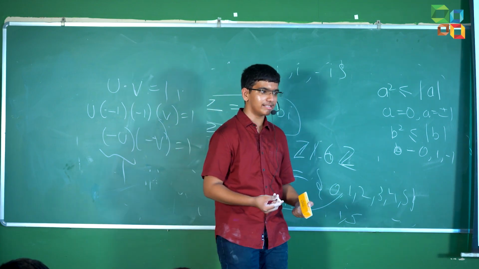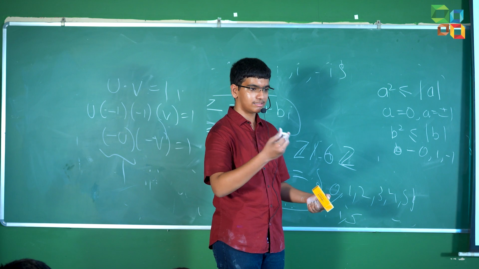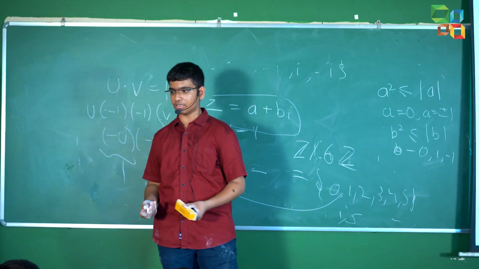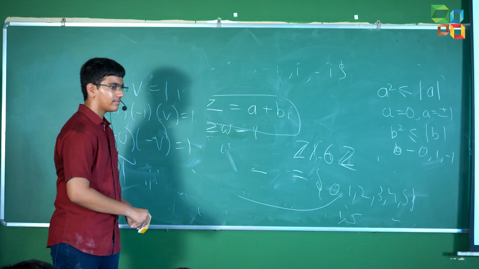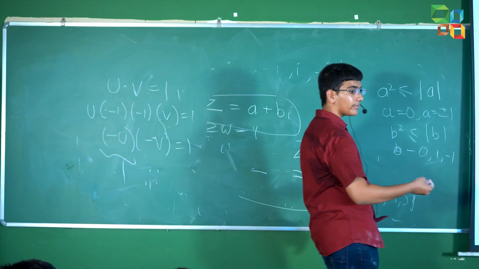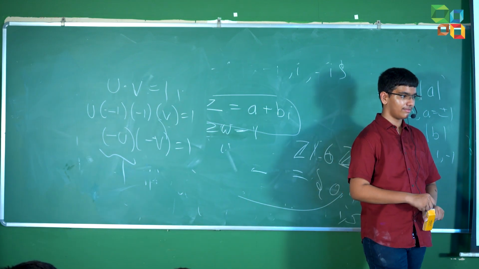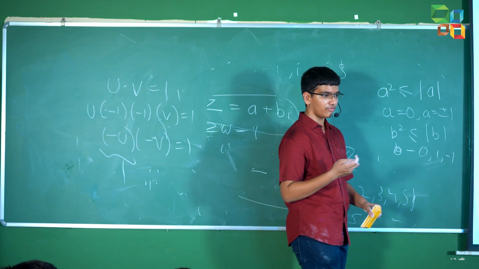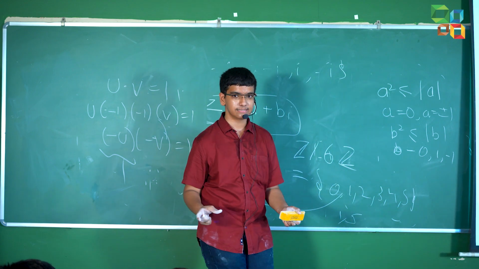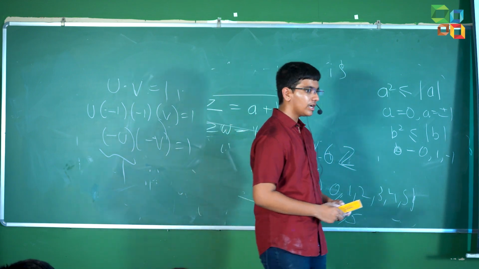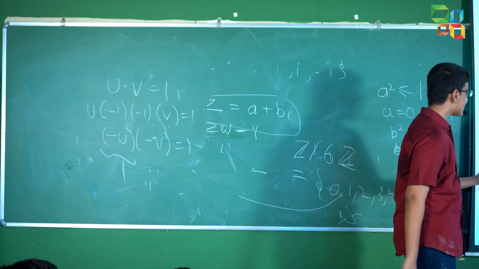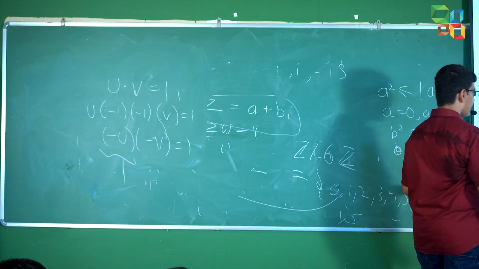Yes, 6 into 10 is 0, because 6 into 2 is also 0. So all of these, what about 9? 9 into 4 is 0. 9 into 4 is 36. 36 is a multiple of 12. So, skip 9. Okay, so you get all of these.